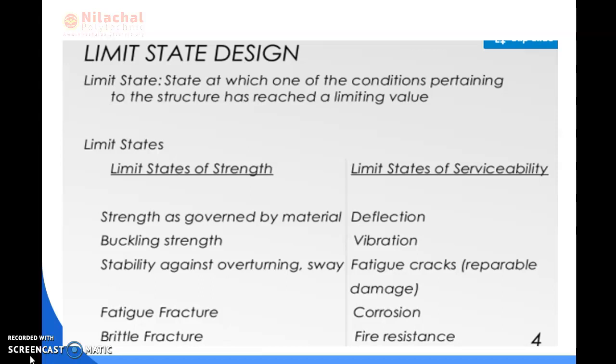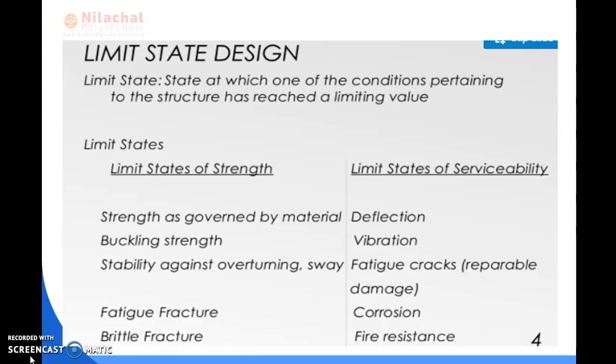Strength is governed by material strength, buckling, stability against overturning and sway, fatigue fracture and brittle fracture. The limit state of serviceability depends upon deflection, vibration, fatigue cracks, repairable damage, corrosion and fire resistance.